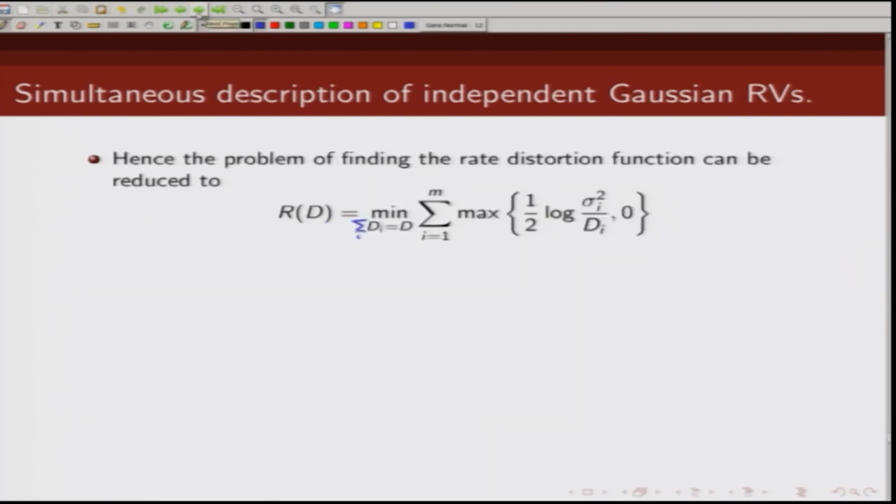So then the problem of finding the rate distortion function has been reduced to minimizing the sum of half log of sigma i square by di, or 0, for i going from 1 to m, over di, where the summation of di is d.